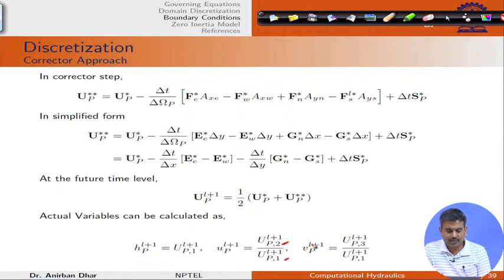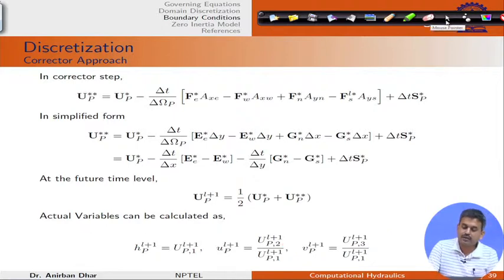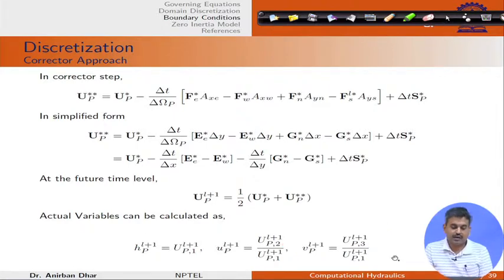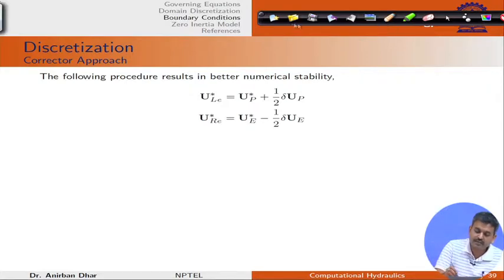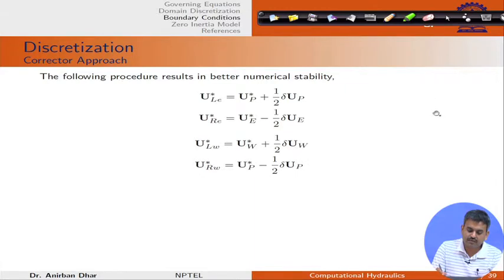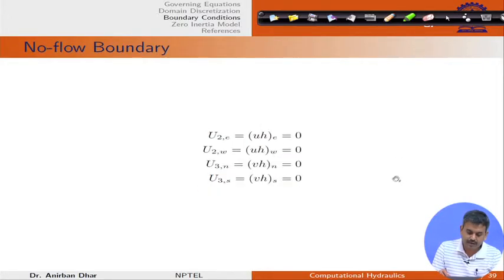We need to divide it by p 1, again v p we need to divide it by u p 1. So, after this corrector step calculation, we need to update this. So, in our predictor corrector step, for both the cases we can use the same del E or del P these values, because that will lead to numerical stability of the scheme in this case.